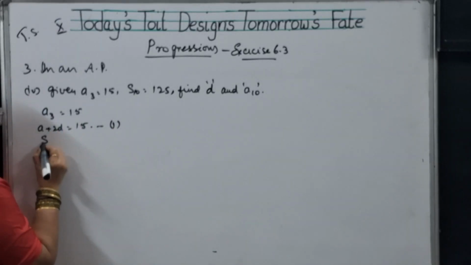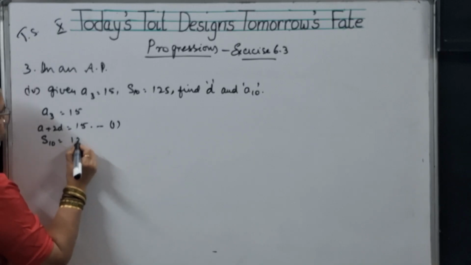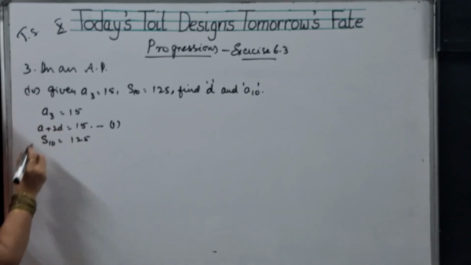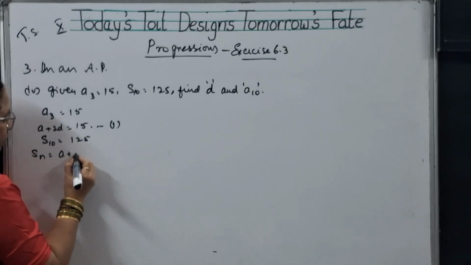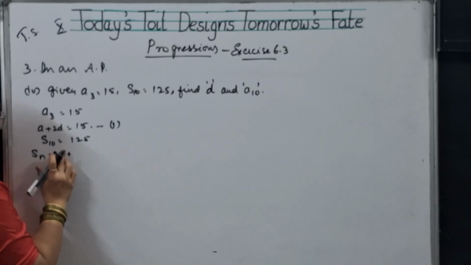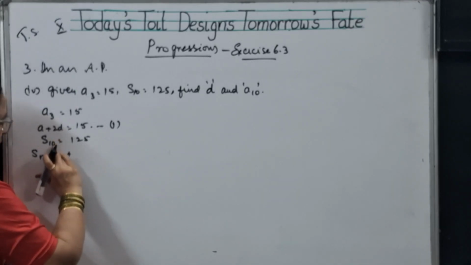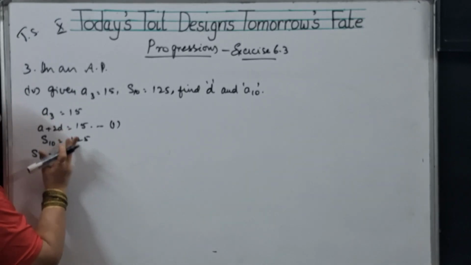Now the second thing is S10 is equal to 125, they have given. S10 means what? The general formula: Sn is equal to n by 2 into 2a plus n minus 1 into d. That is the general formula.